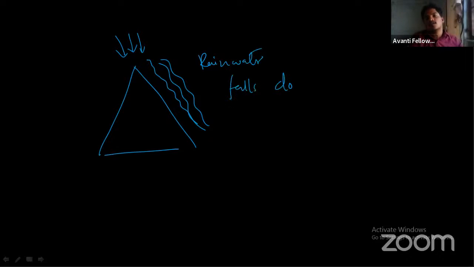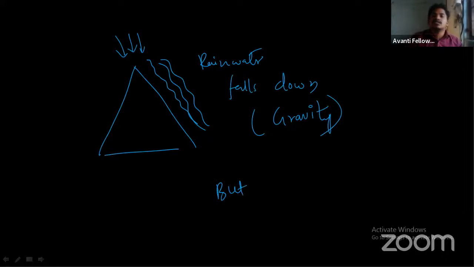If rain is coming, without any help from any other source, the rainwater falls down. This is because of gravity.